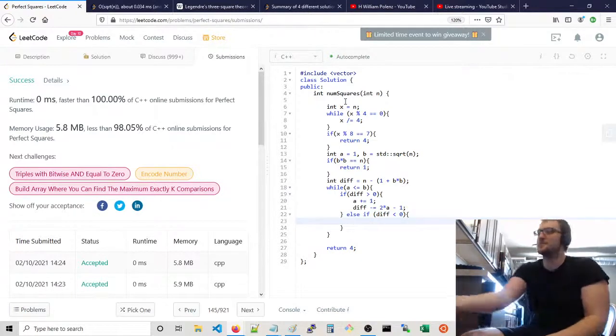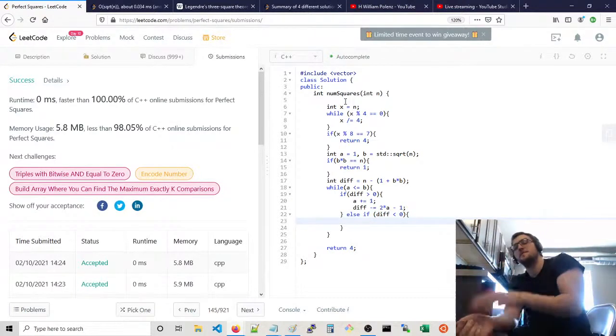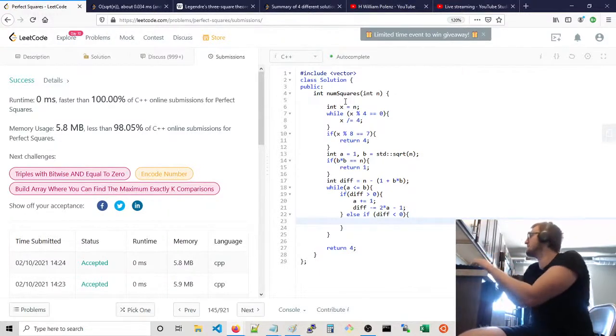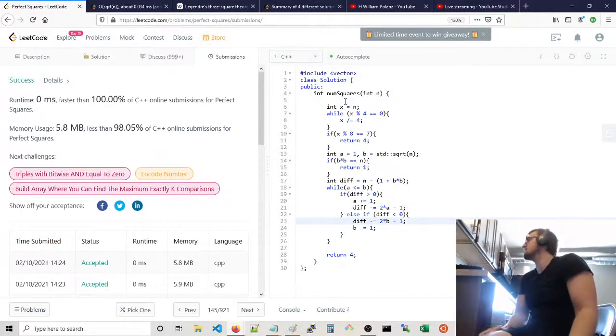now we're too big. Or we added some squares, we're too high. Now we need to decrease b. Now b is already there though. Diff minus equals 2 times b minus 1. Right?